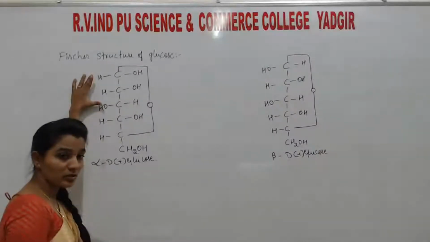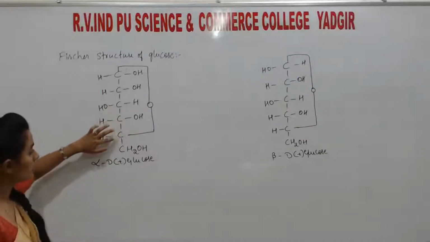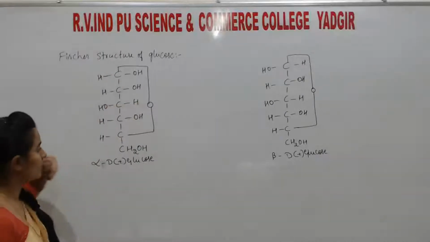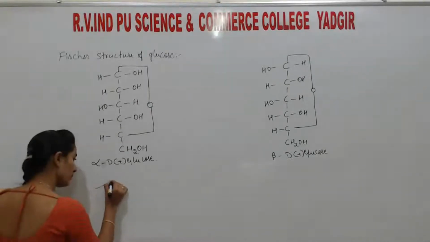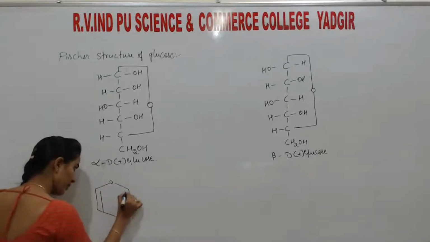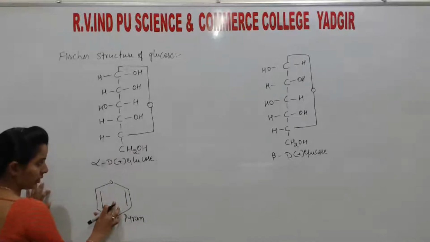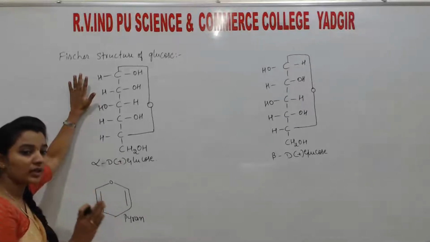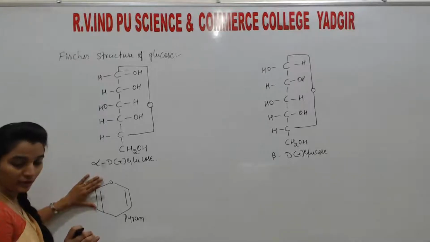By comparing these structures, students, there are 5 carbon atoms, and the first and the fifth are cyclized through oxygen. This is compared with the pyran structure. By comparing with this structure, we write the glucose molecule, which is called the Haworth structure of glucose, in this pyran form.